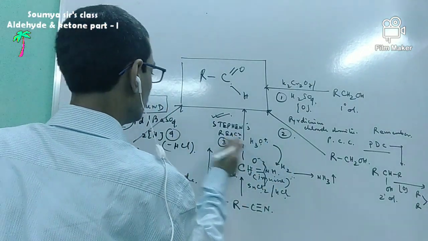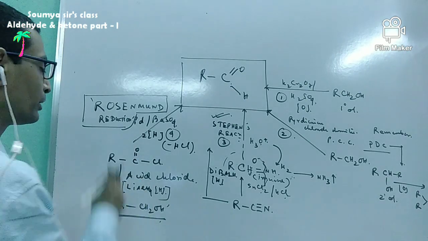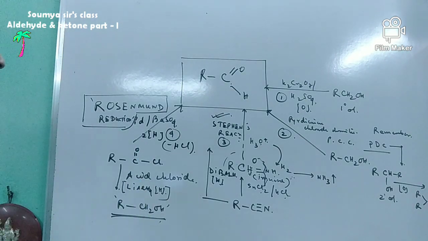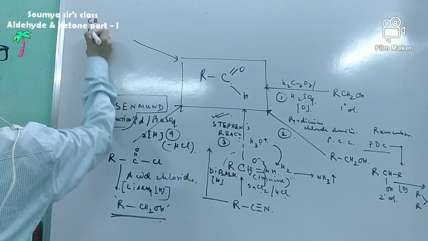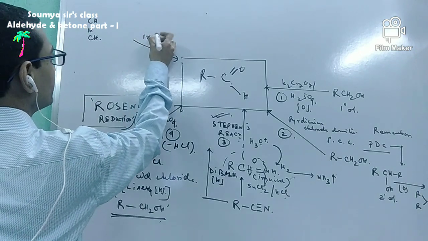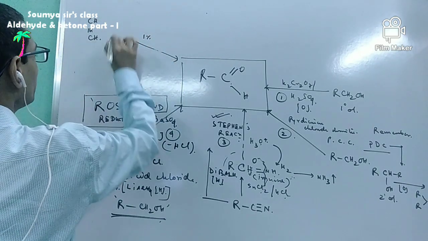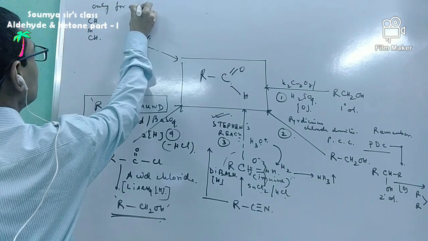Another, we can always write here the name reaction Kucherov, that is always only for acetylene, but not for any other alkyne.